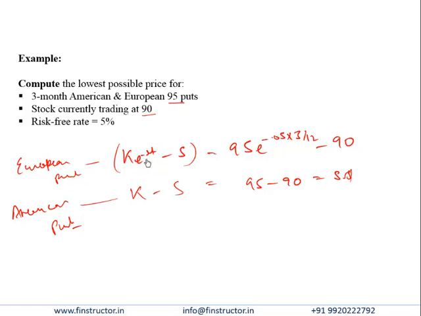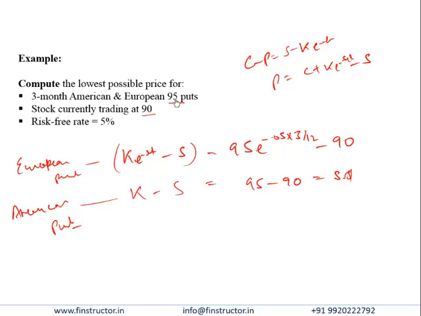We derived this, and we can derive it again. C minus P is equal to S minus K e raised to power minus RT, or P is equal to C plus K e raised to power minus RT minus S. C must always be positive, so P must always be greater than K e raised to power minus RT minus S. The only thing you have to remember is, for an American put, the minimum value is K minus S. That is the money that you can realize today by exercising the option.